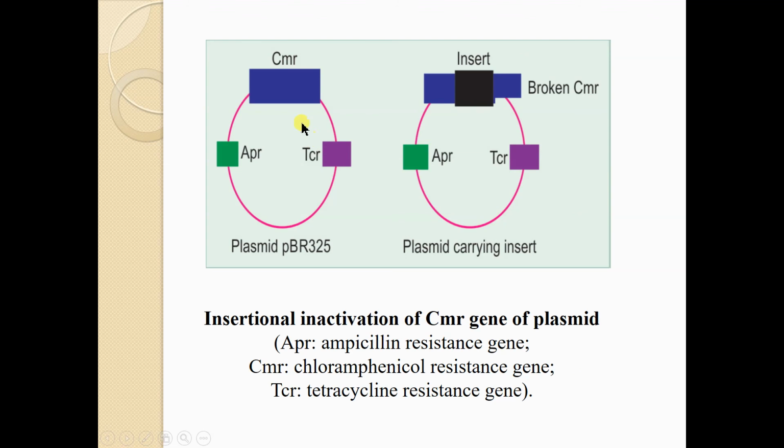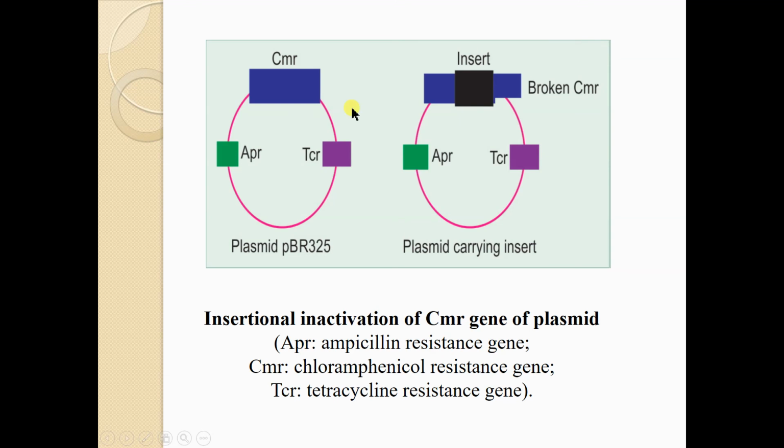When we treat this plasmid for the production of the chimeric DNA, the chloramphenicol resistance gene is broken down by the restriction endonuclease enzyme, and in place of a certain portion of that gene our interested DNA molecule is inserted.